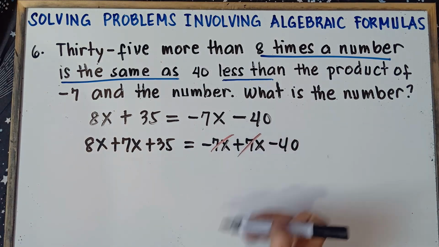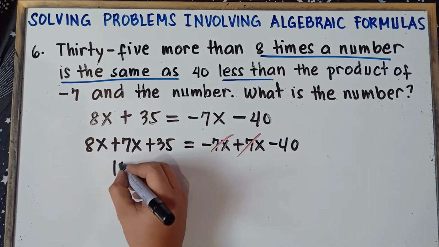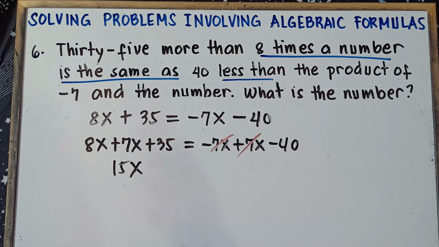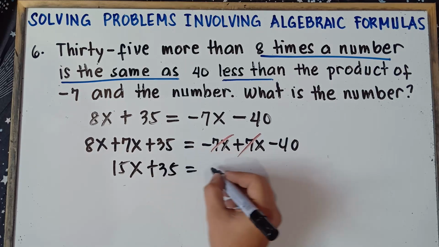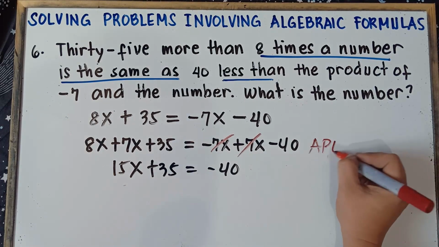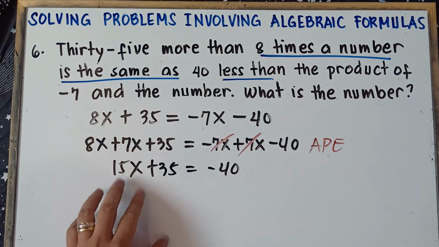So 8x plus 7x, of course, that would be 15x. 8 plus 7, that's 15. Simply copy x. Copy plus 35 equals negative 40. Alright, so we apply addition property of equality. Alright, so next thing to do, class, now we need to isolate this one.